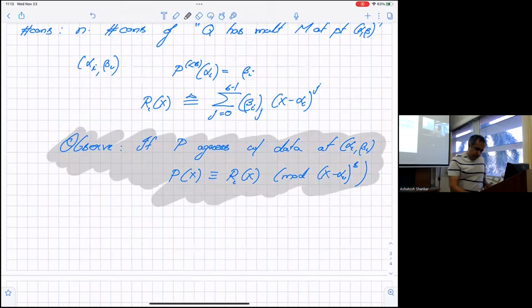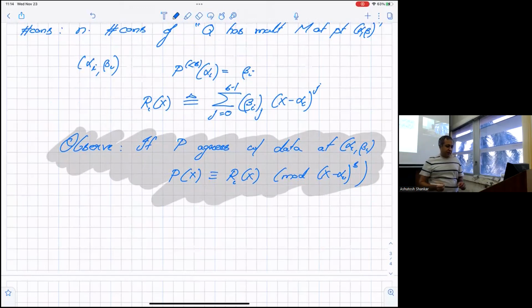Now, suppose I differentiate P as well as Ri a particular number of times. Suppose I differentiate P once and Ri once. Will this inequality still hold good? s will reduce by 1.